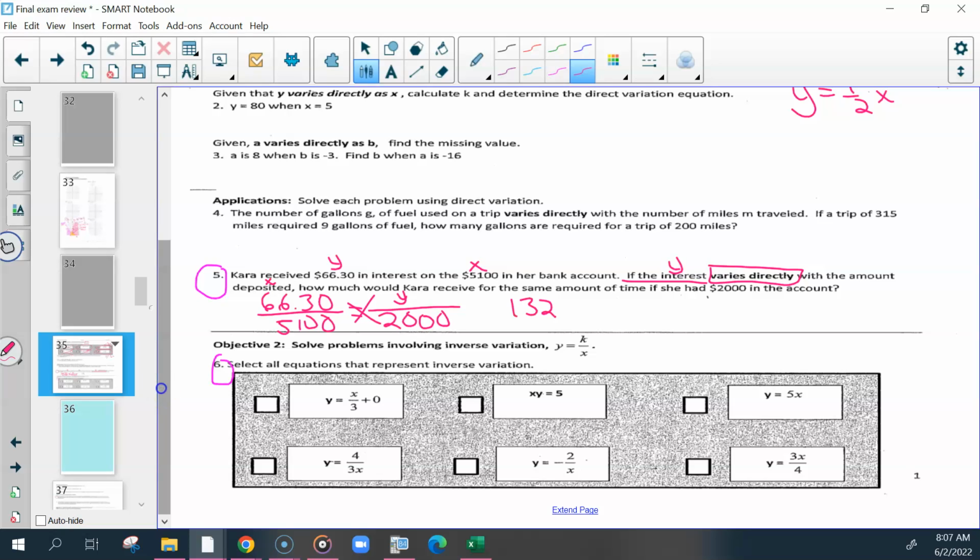So 132,600 equals. And if we divide both sides by 5100, y is $26.